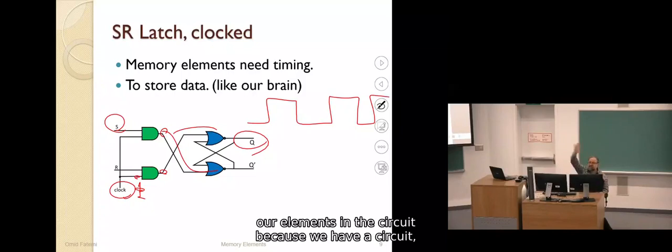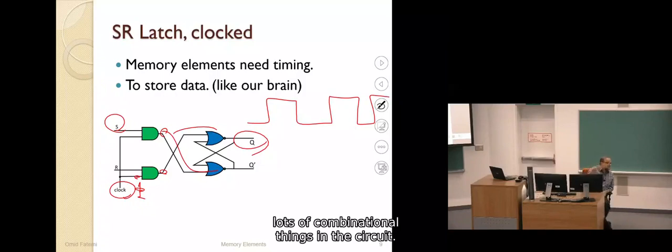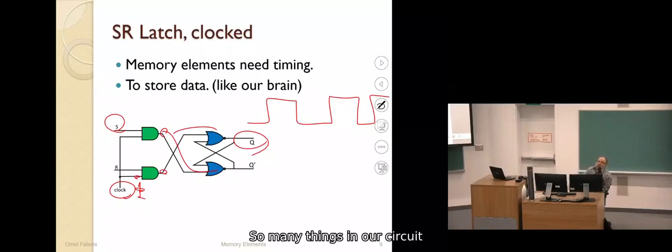Because we have a circuit with lots of combinational things in it. One of them is this one. There are so many things in our circuit, and they have different delays and so on.